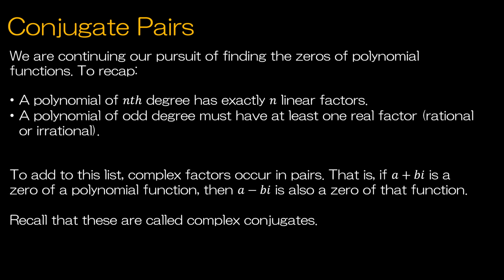But to add to this list, we have complex factors that occur in pairs. And what that tells us is that if you have a plus bi as a 0, then you also have the complex conjugate of a minus bi as a 0 of the function. That's going to be helpful because if we are told that we have a 0, we know that we're going to have the other 0 as well, and that cuts our work in half.